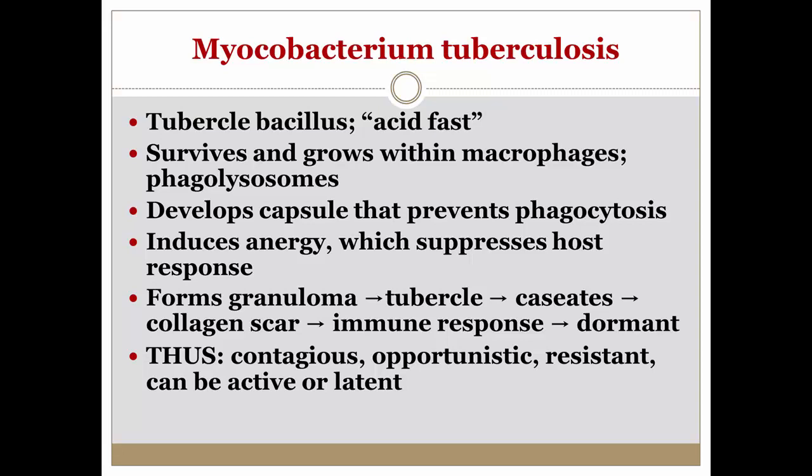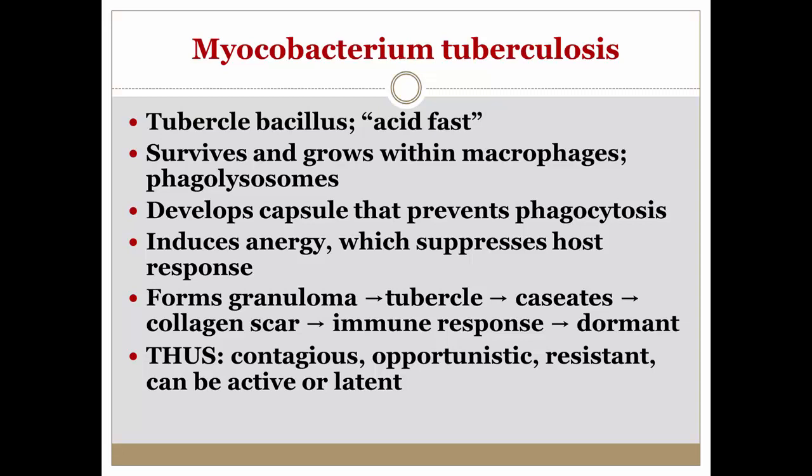So the immune response, which is now being walled off within this caseated area, then becomes dormant. And as a dormant area, we know that it can then be reactivated if the organism's environment changes in a way that allows this to become active again.